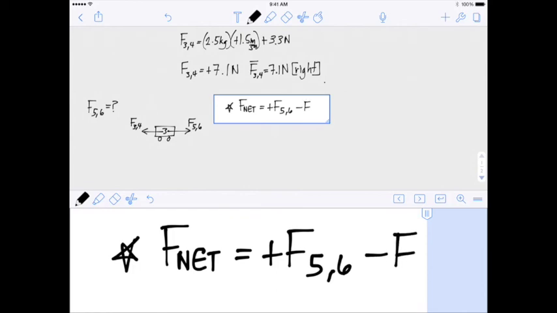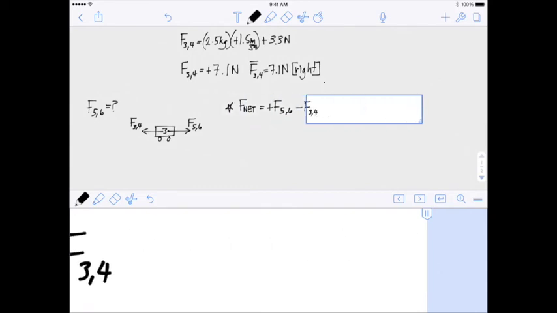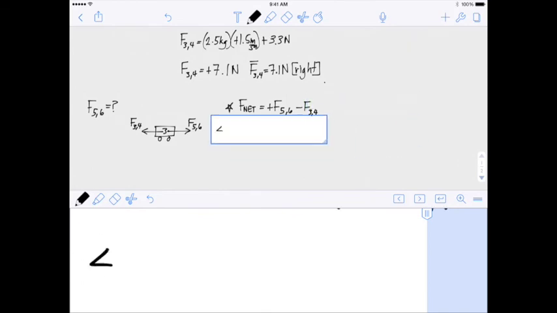So we get this expression. The net force is equal to plus the forces read on 5 and 6 minus the forces read on sensors 3 and 4. The second step is to replace F net with the expression MA.